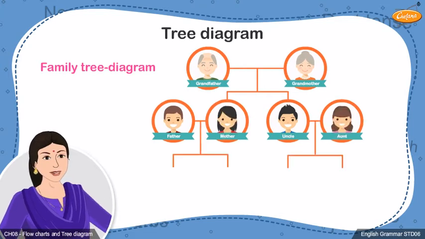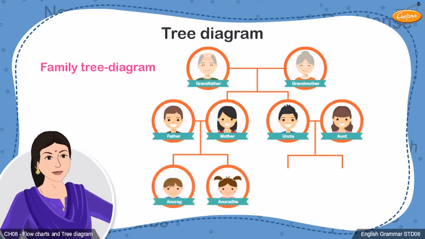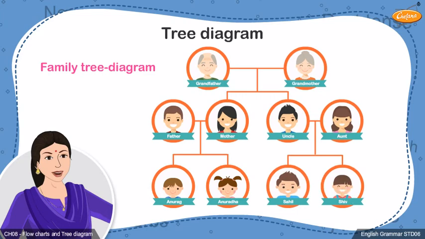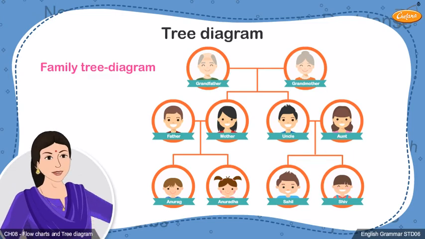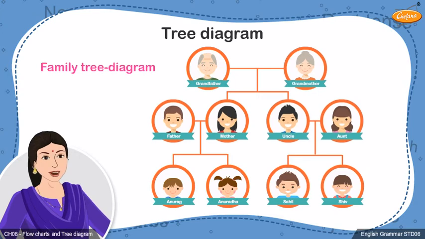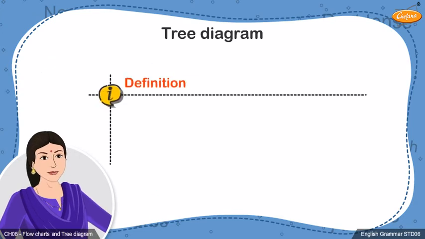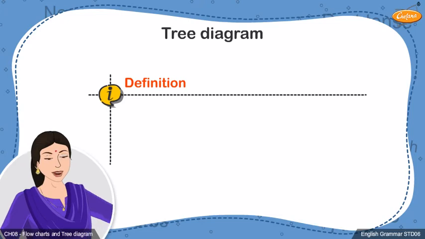The tree branches out again to show their children, Anurag and Anuradha, and Sahil and Shiv, respectively. Here, you can see how the chart, which starts with a central idea, then branches out to show more information on the central idea.